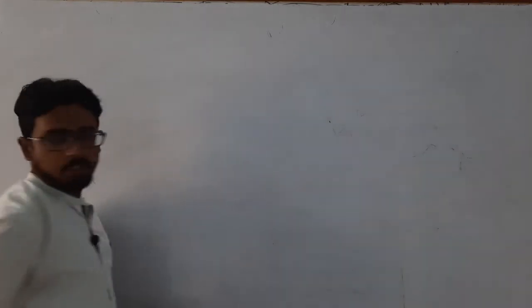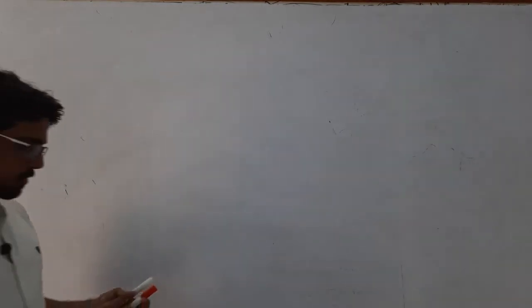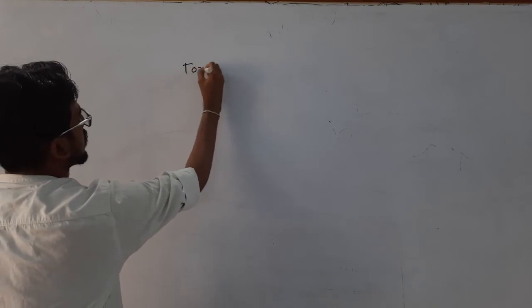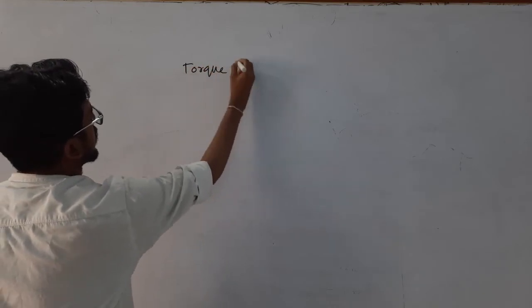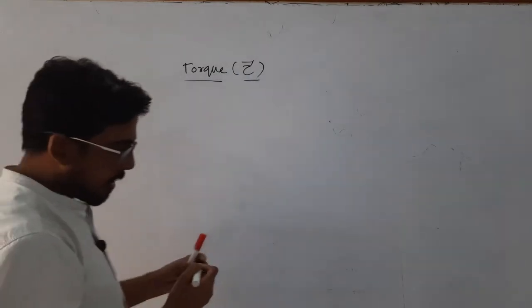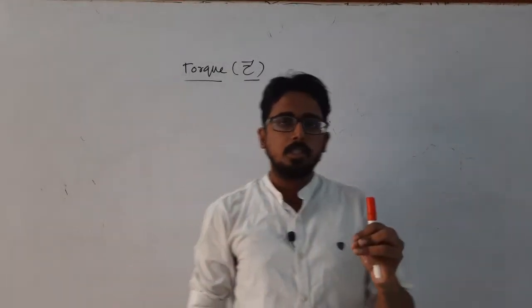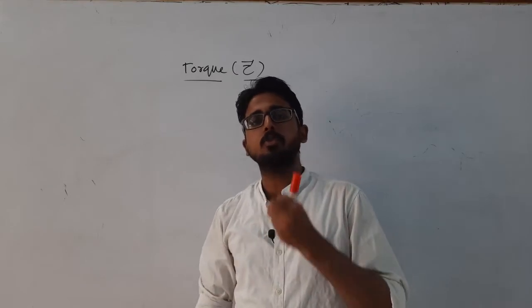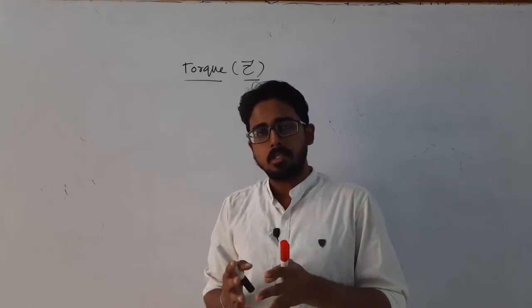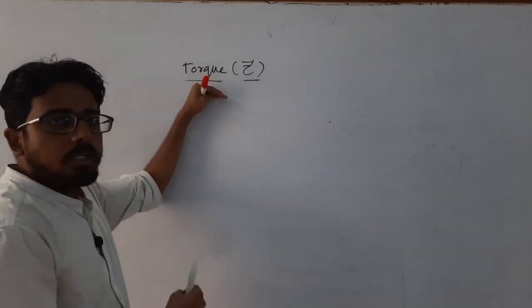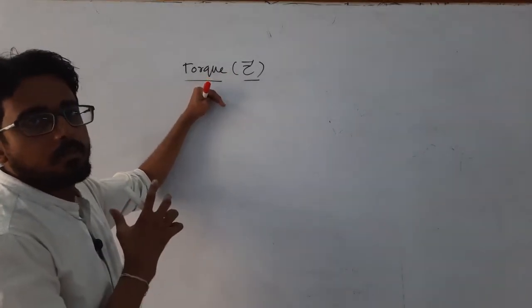So next we are going to study torque, denoted by tau vector. Okay, what is torque? As force is a physical quantity which causes motion in linear motion, the same is the term torque in rotational mechanics.